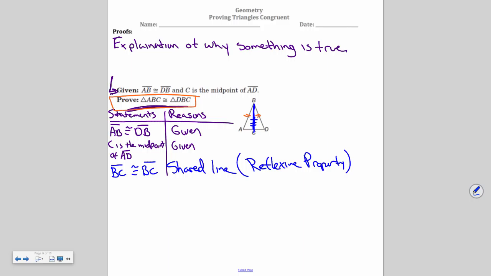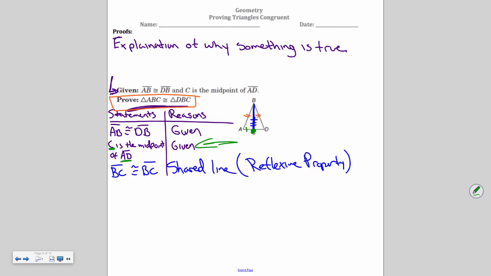So now I have two sides. What I have to do is decide, can I find an angle or something else? That's where terminology comes in. Midpoint, if you remember back to Unit 2, cuts a line into two equal parts. So when it says that C is the midpoint of AD, this point cuts this whole side into two equal parts.